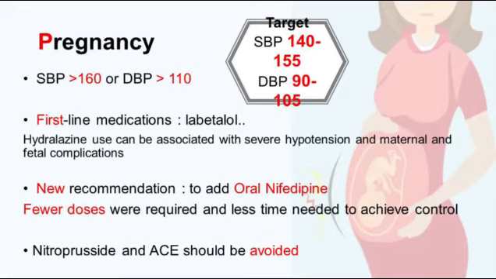Although hydralazine can be used, it is associated with severe hypotension and maternal and fetal complications. There is a new recommendation to add oral nifedipine, which leads to fewer IV doses required and less time needed to achieve control. Nitroprusside and ACE inhibitors should be avoided in pregnant ladies.